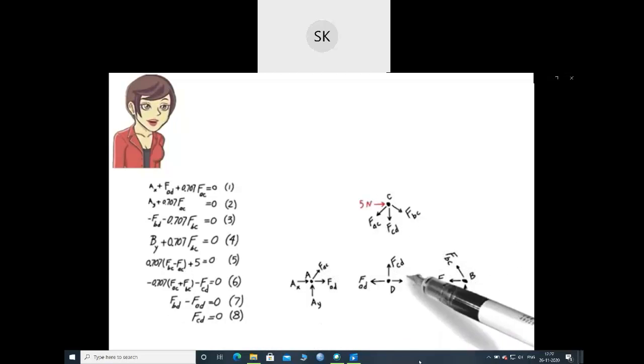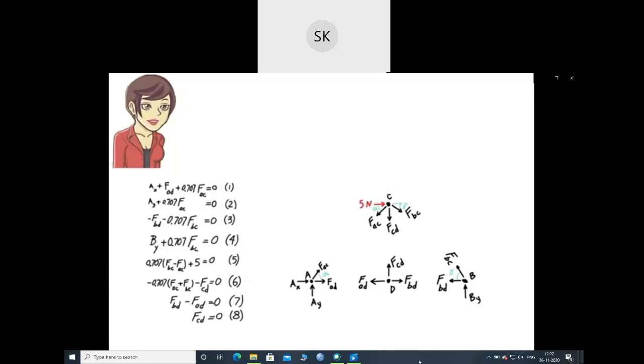I am going to scan the joint free body diagrams looking for 2 types of joints. 1. A joint with only 2 unknown forces, because if such a joint exists, then the 2 forces can be calculated directly using the joint's equilibrium equations. Or 2. A joint having exactly 1 unknown force in either x or y direction.